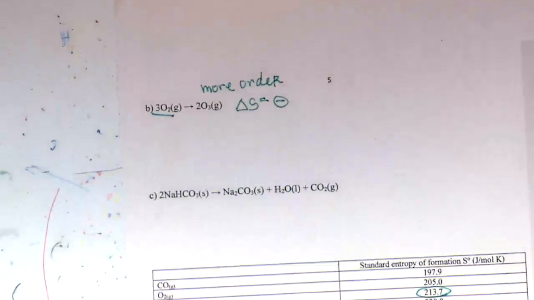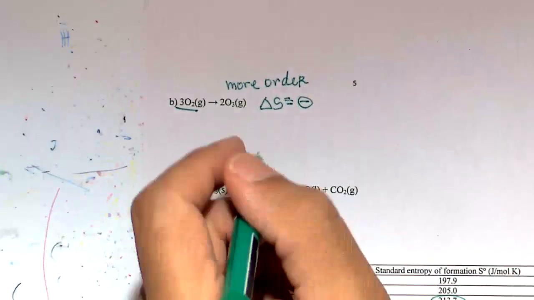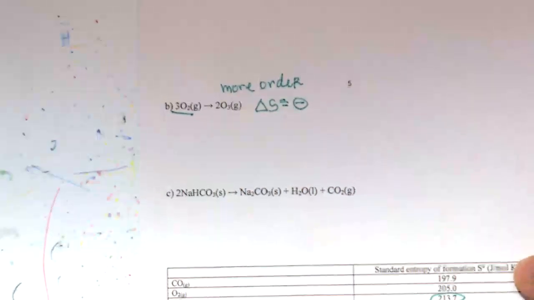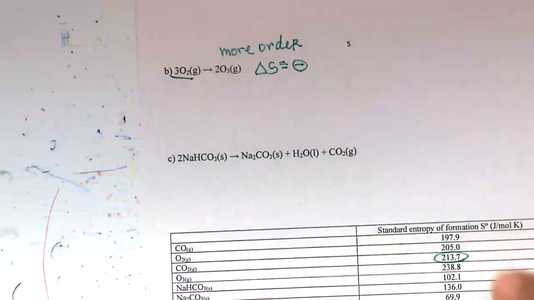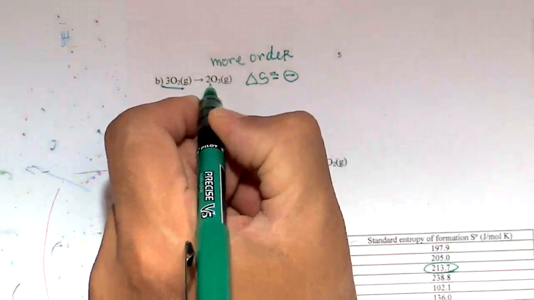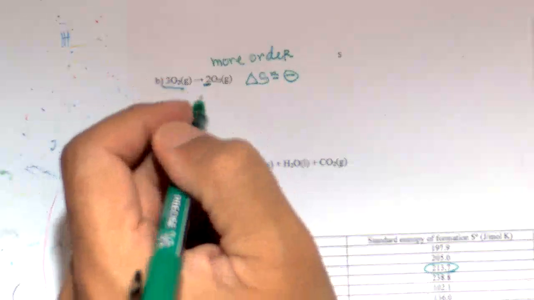So we'll do sum of the products minus sum of the reactants. We have O3 gas. What's O3 gas? You're just looking at the coefficient. It's not the O2 or O3, because that counts as one entity, but there's two entities.